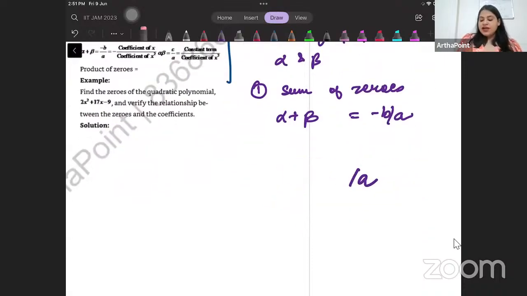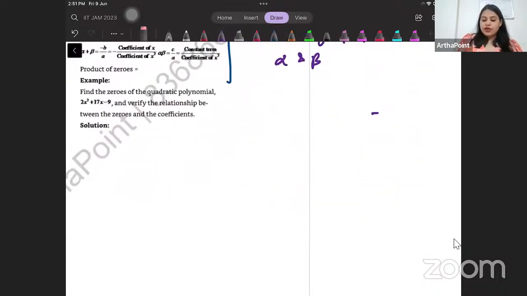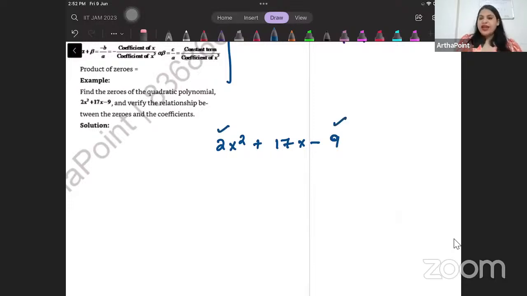So it says, find the zeros of the quadratic equation and verify the relationship. So you are given the equation 2x square plus 17x minus 9. We know that 2 into 9 is 18. 18 is 18 into 1. So I can go ahead and rewrite this as 2x square plus 18x minus x minus 9.